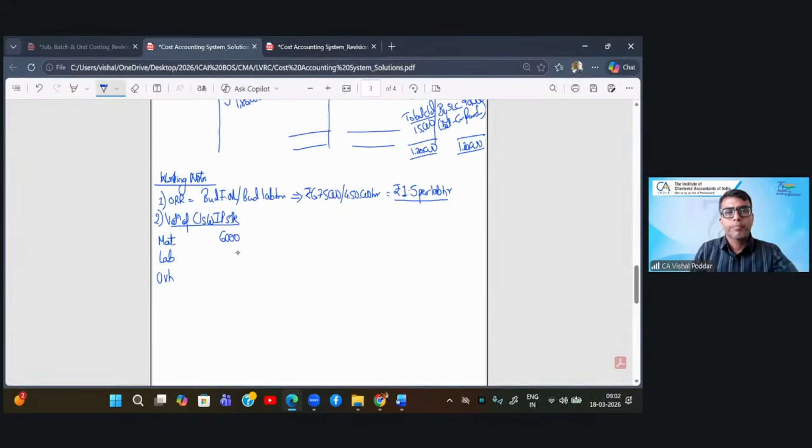And they have given 1,200 hours worked. And we have computed our ORR as 1.5. So 1,200 into 1.5 is 1,800. So closing WIP value is 10,800.